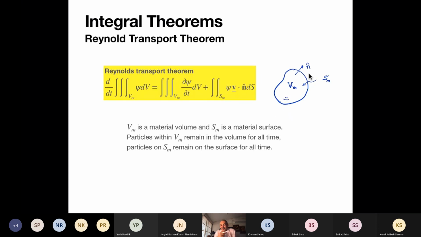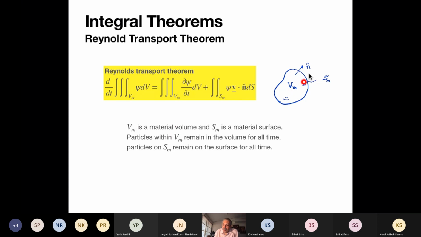And the last thing I wanted to tell you is the so-called Reynolds transport theorem. Again, the same Reynolds, of Reynolds number fame, derived this. Suppose you have something called a material volume. What is a material volume? If you have a fluid or any continuum and you pick a volume in there and then follow those particles which are within the volume at all times, that is called a material volume.